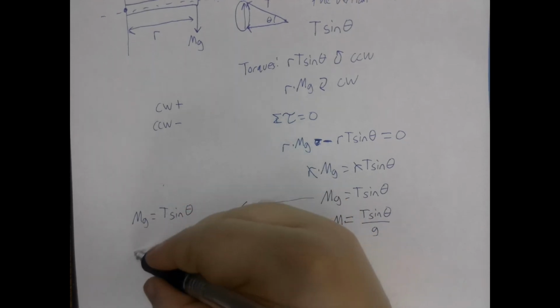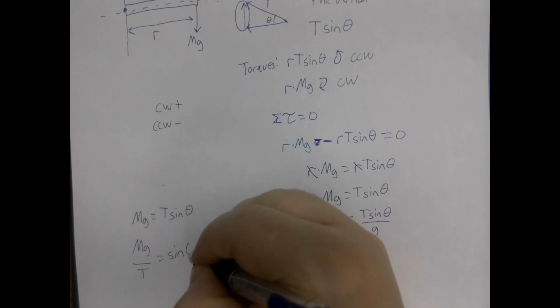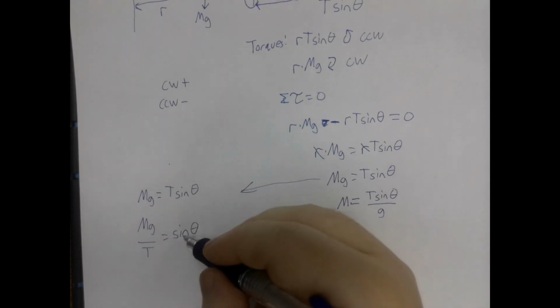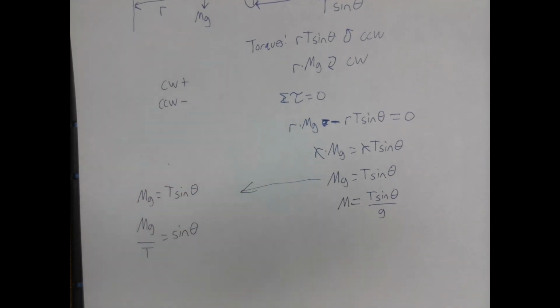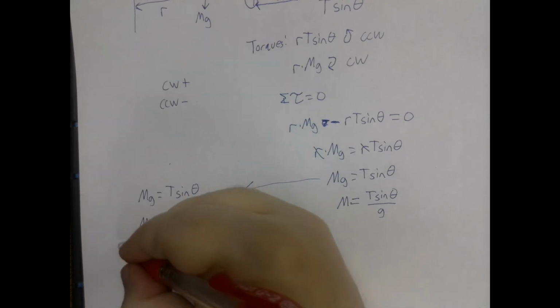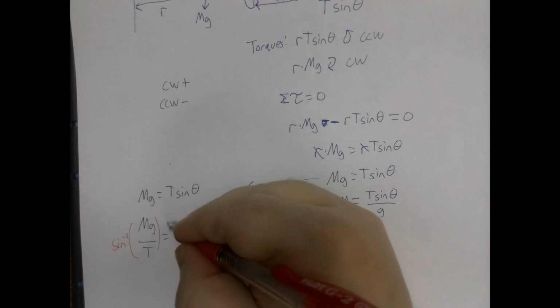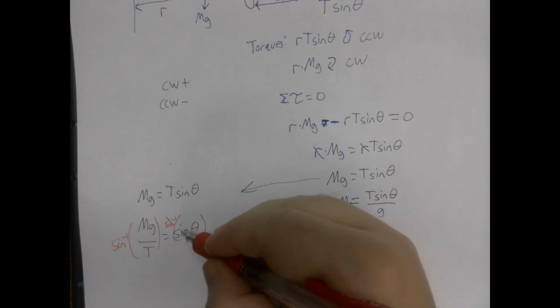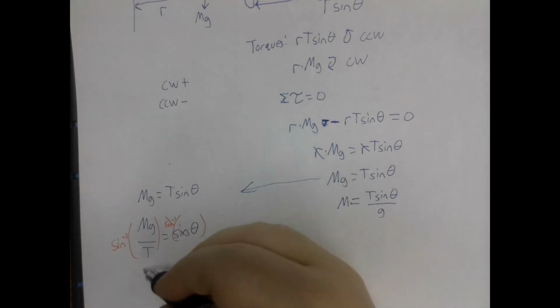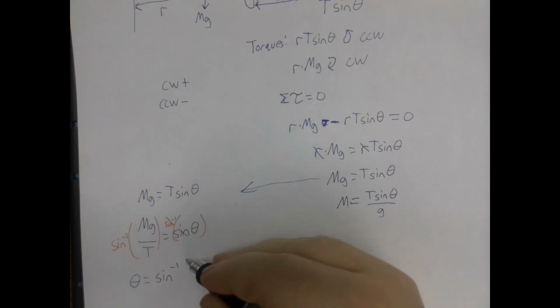You can divide T on both sides. mg divided by T is equal to sine of theta. To find theta, we would take the inverse sine on both sides, which causes the sine to cancel out, telling us that theta would be equal to the inverse sine of mg divided by T.